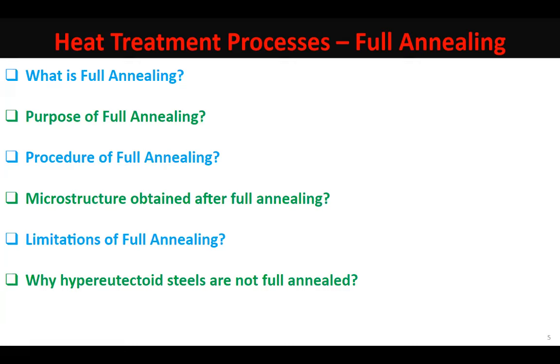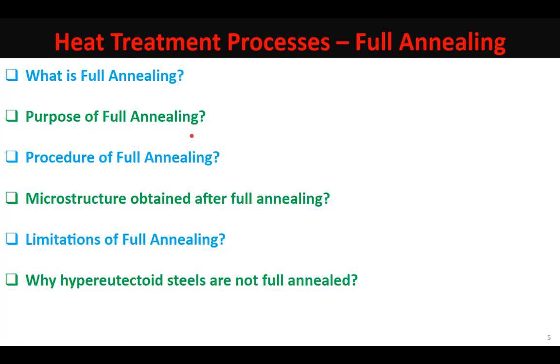So whether you do full annealing or isothermal annealing or spheroidization annealing or black box or subcritical or stress relieving or homogenizing, whatever type of annealing is being done, annealing generally refers that the steel in the third step of heat treatment would be cooled at an extremely slow rate of cooling, equilibrium rate of cooling.